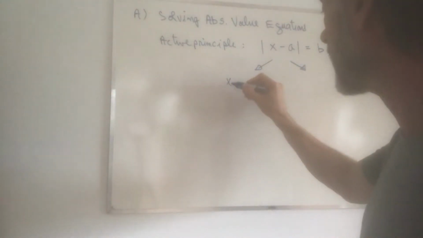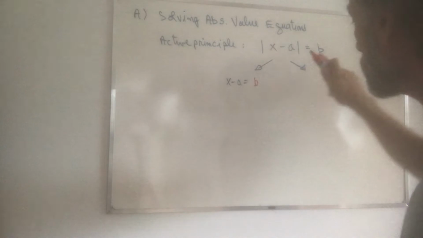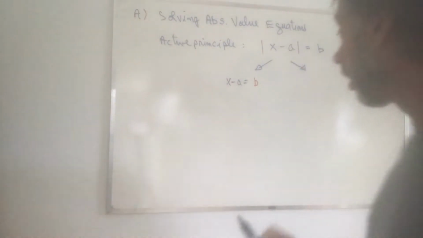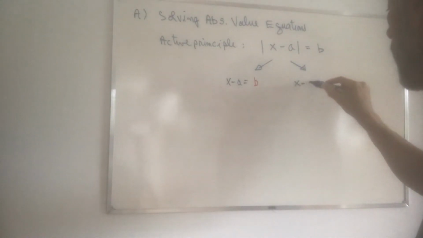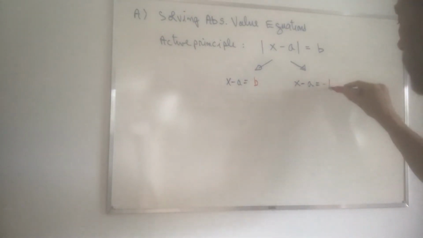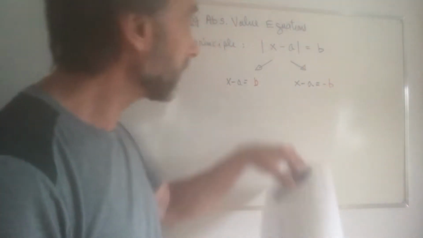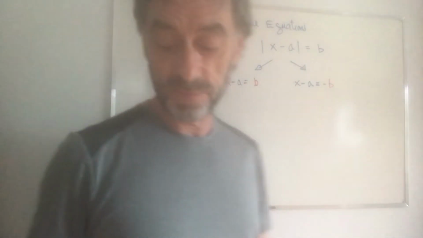Either x minus a is equal to plus b, exactly as it appears on the right hand side here, or the same thing, x minus a, but this time equal to the negative of what happens on the right hand side. So we will expect two answers out of this.